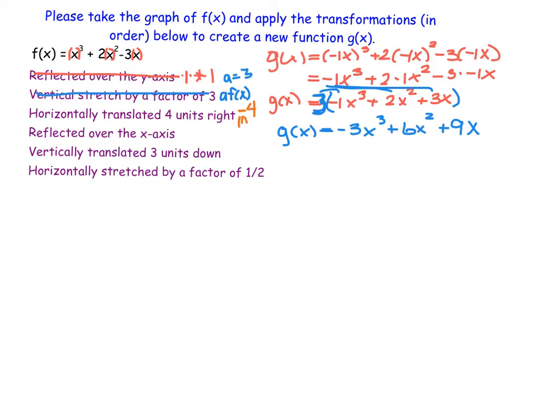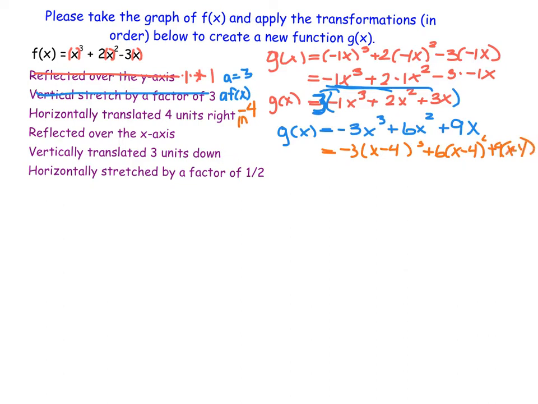So here we're going to have negative 3 times x minus 4 cubed, plus 6 times x minus 4 squared, plus 9 times x minus 4.